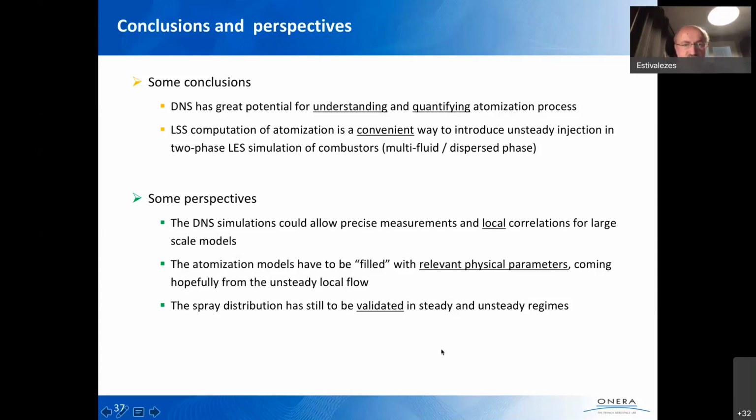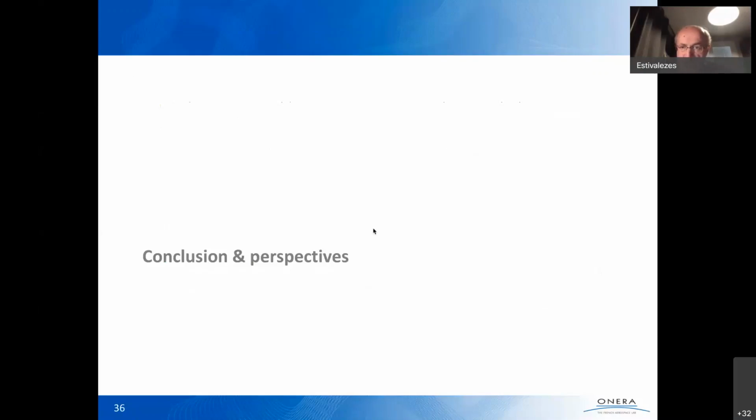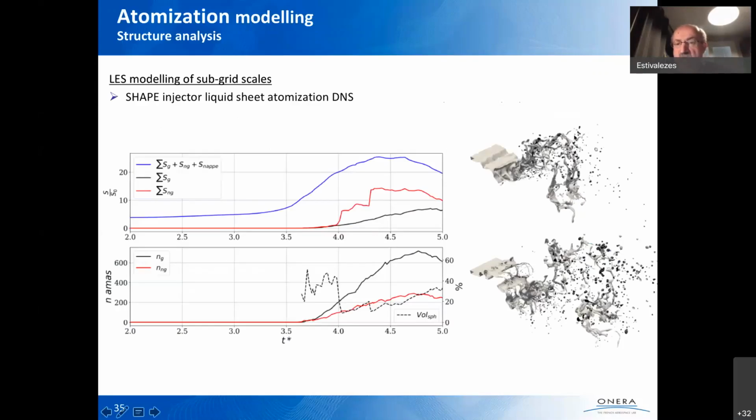What can be said is that this type of DNS is really an interesting tool to gain understanding of this complex process, because as you can see, with experiment it is very difficult to give the liquid distribution of droplets, the size of ligaments.